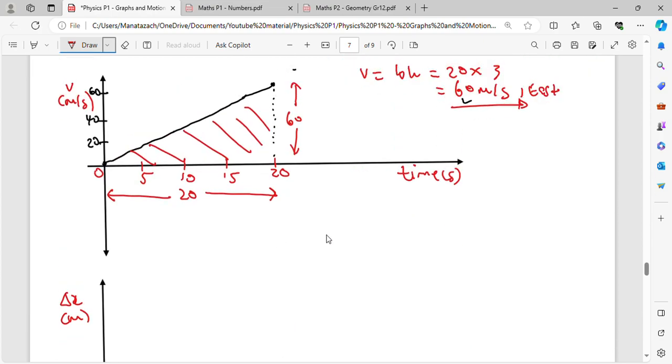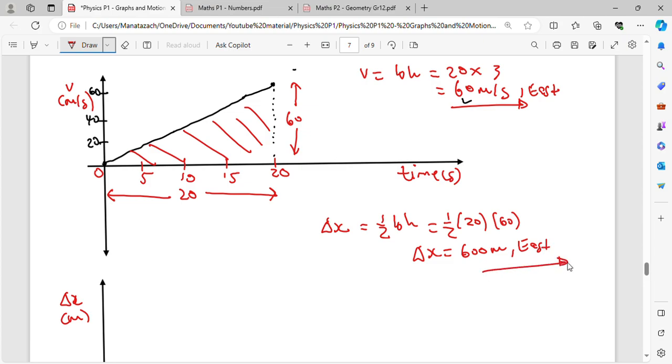So we can easily work out the displacement: displacement is half base times height, since this is the area of a triangle's formula. So that's 1/2, the base is 20 seconds, the height is 60 meters per second. So our displacement is going to be 10 times 60, which will give us 600 meters. Since it's positive, we'll say the direction is east, since this is a vector quantity.